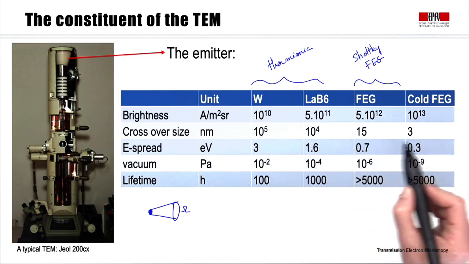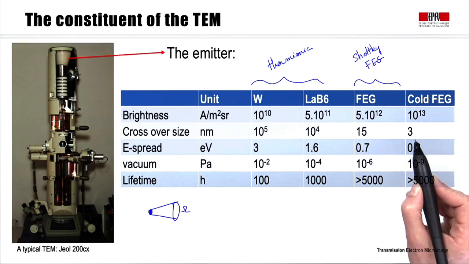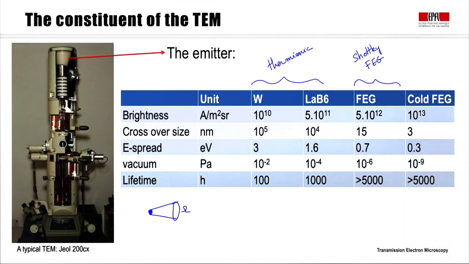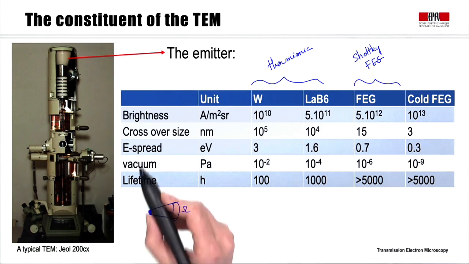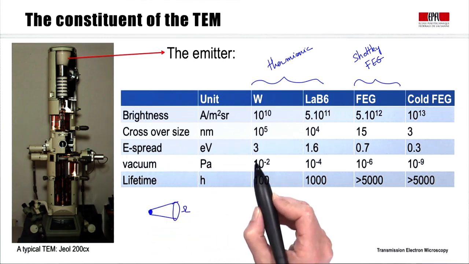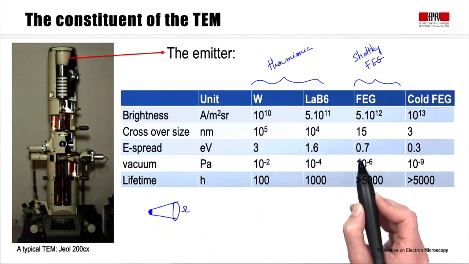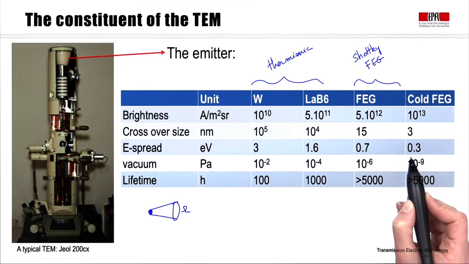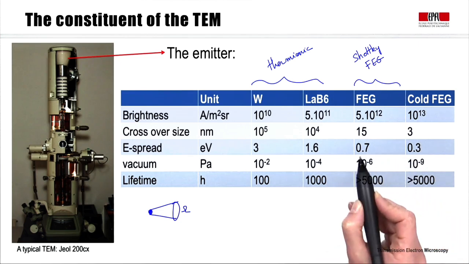It is much larger for tungsten than for the cold FEG. With a small size of the crossover after the gun, you will be able to focus your beam more precisely on the specimen, which will be good for chemical analysis, for example, or for working in scanning transmission electron microscopy.